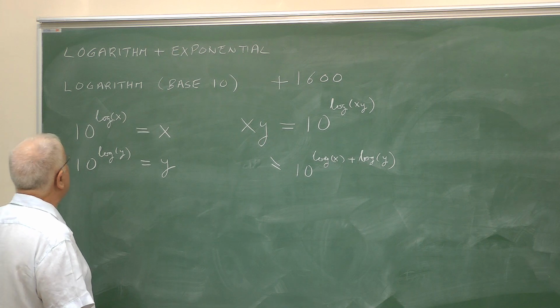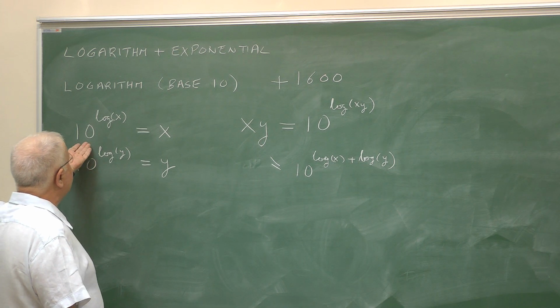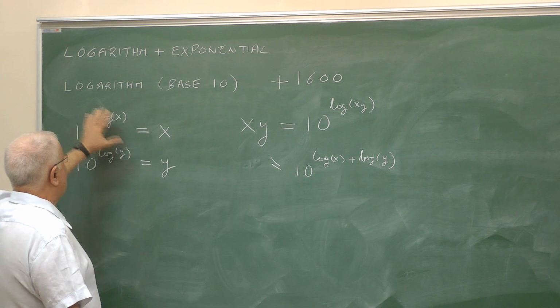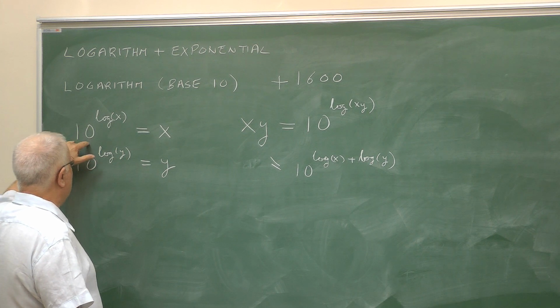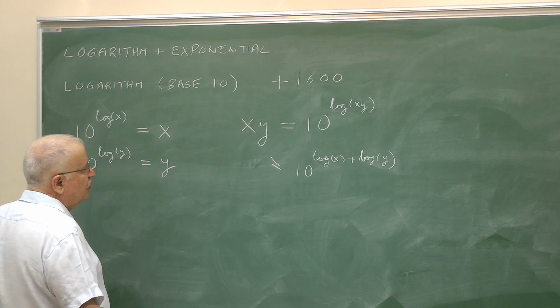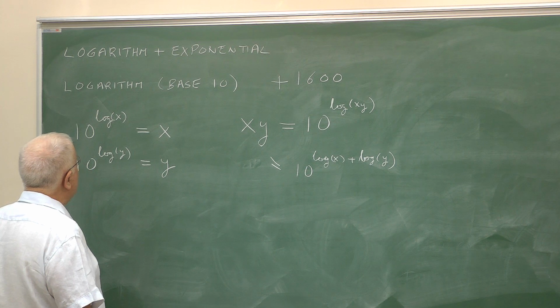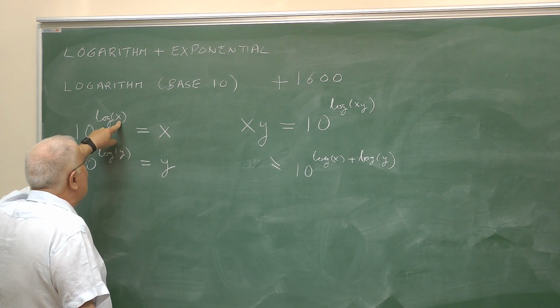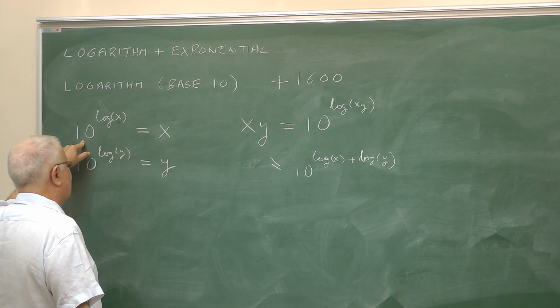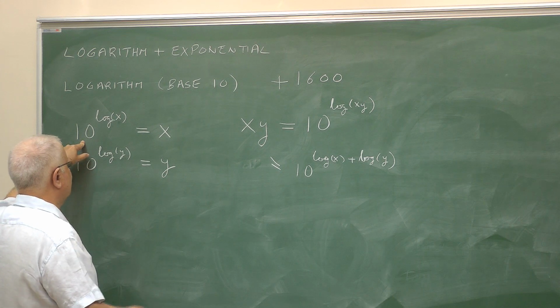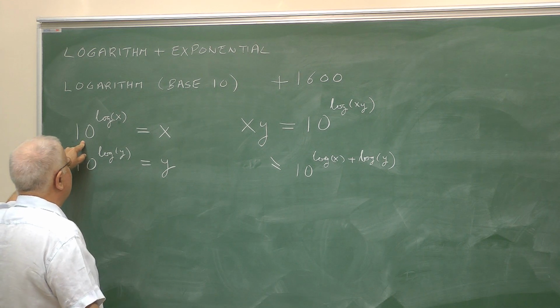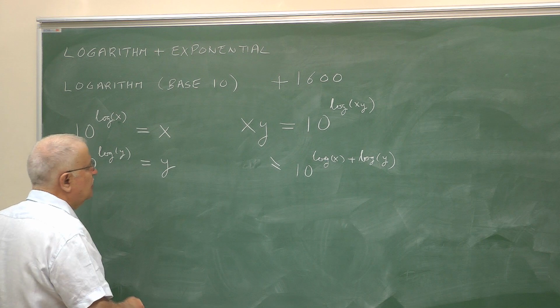Because after all, a base to a power has the same algebraic properties as the power function. Now, the power is variable and the base is constant versus the power function where the base is variable and the power is constant.